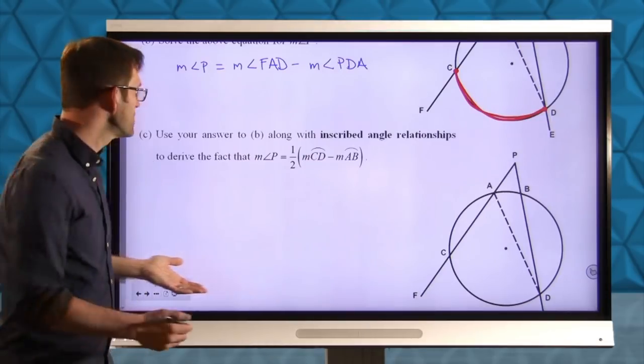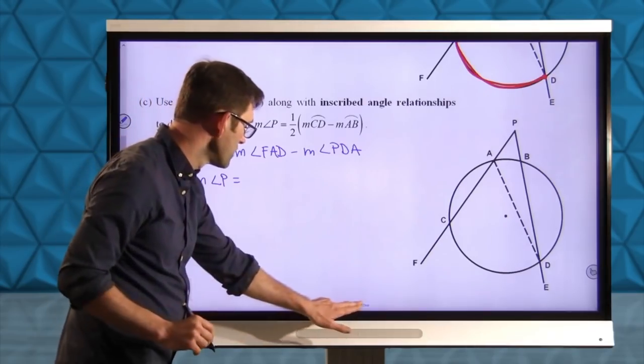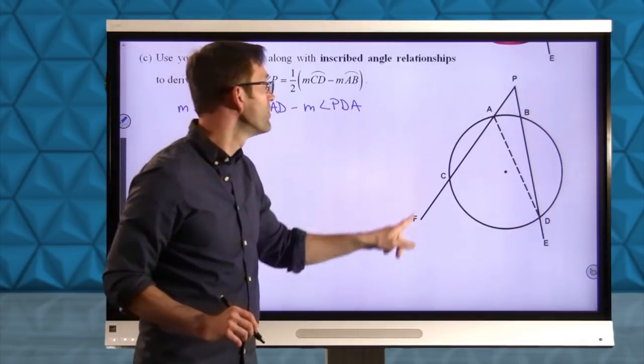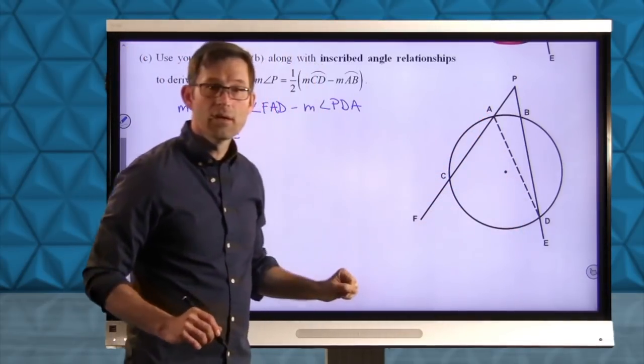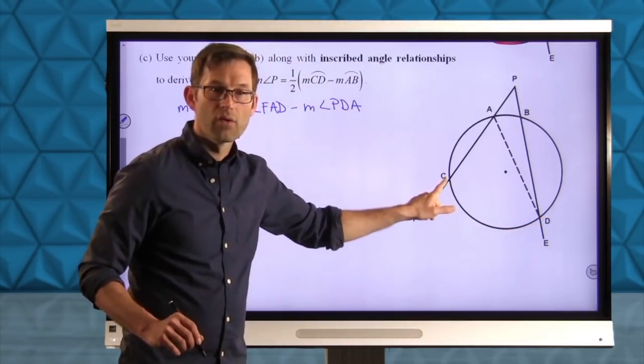Well, look at how easy this is going to be. Watch. The measure of angle P is going to be the measure of angle FAD minus the measure of angle PDA, but what is the measure of angle FAD? FAD, well, that's going to be 1/2 of arc CD, right?